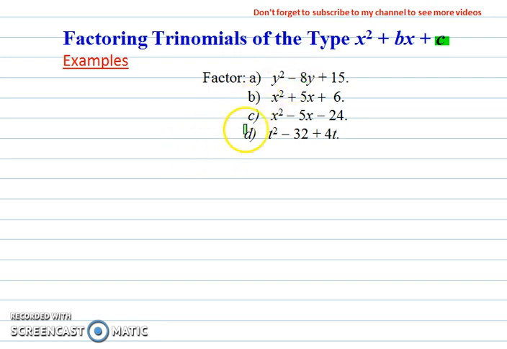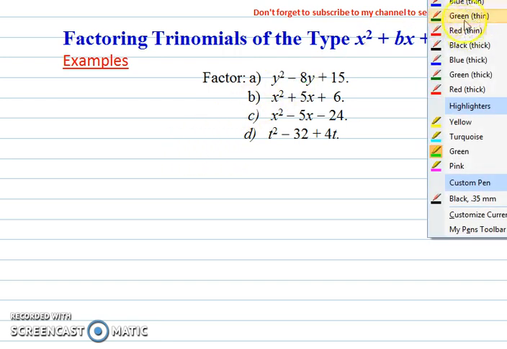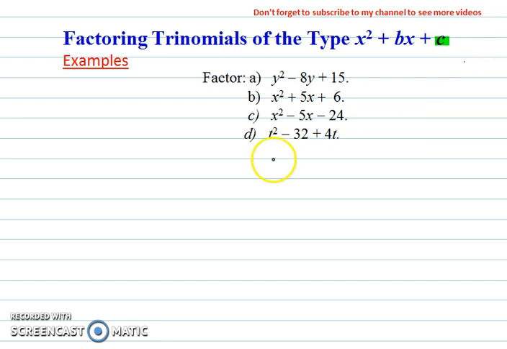How can we do that? Let me use my pencil right here. We can factorize by x plus a number that we don't know yet, times x plus another number we don't know yet.